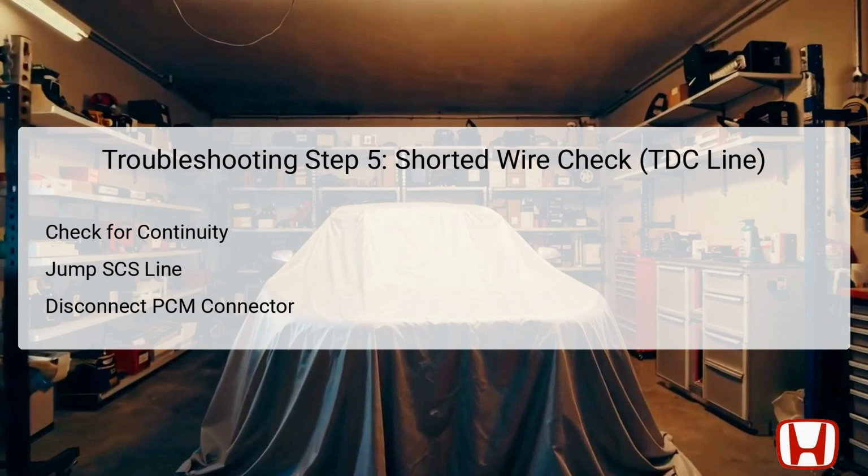Once this is complete, check for continuity between designated test points. This involves ensuring there is no unintentional conductivity between these points that may indicate a short circuit. If continuity is found, it suggests that somewhere along the wire, a short exists between the PCM and the CMP sensor B. This necessitates a repair to rectify the circuit and restore proper functionality.